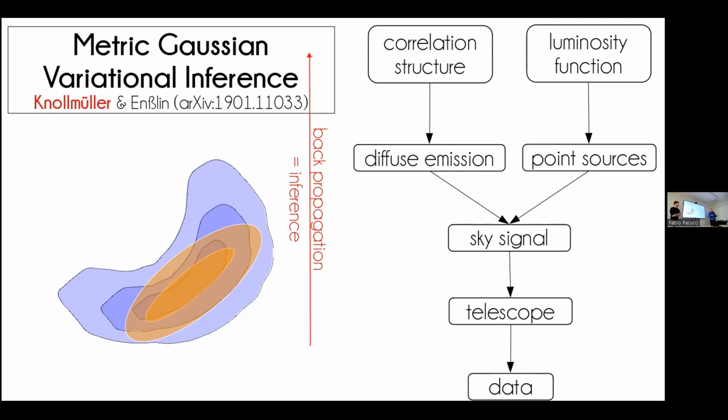So the interplay between prior assumptions on these two components. The funny thing is the prior assumption of the diffuse emission is partly inferred from other parts of the image because we infer the correlation structure simultaneously with the data.